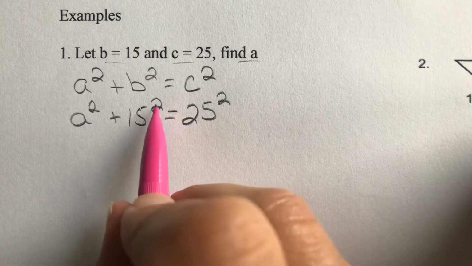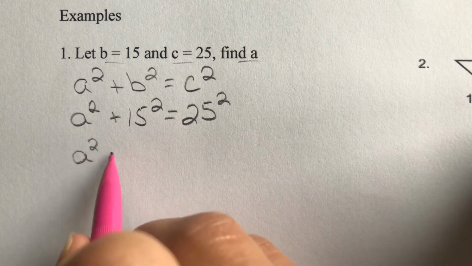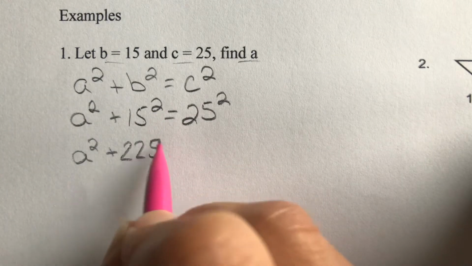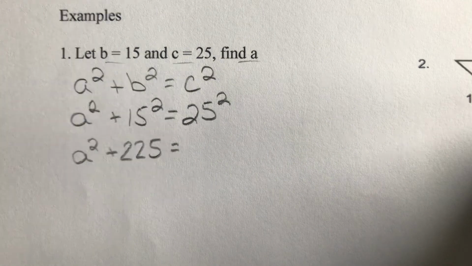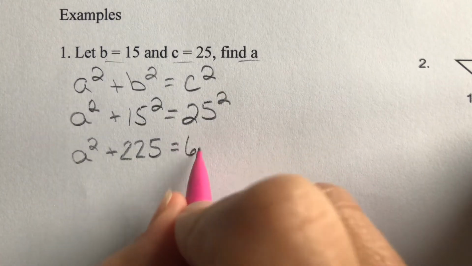So we need to do our squares first. Use your calculator whenever needed. 15 squared is 225. I'm going to go to my calculator for 25 squared, and I've got 625.